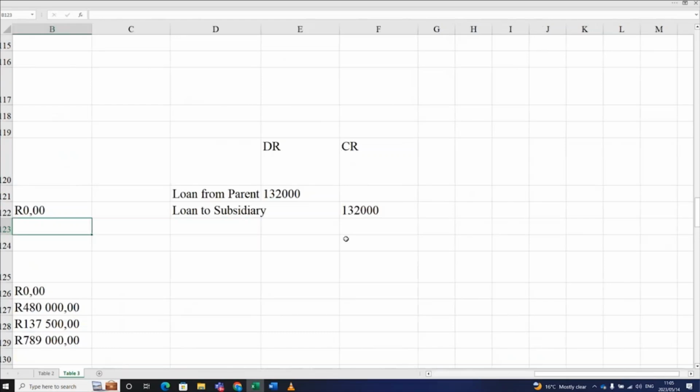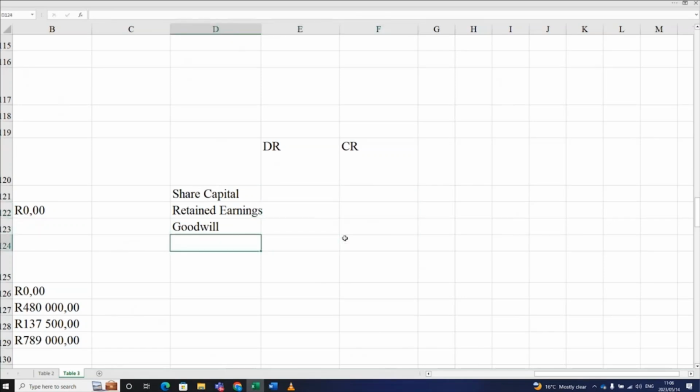This investment in subsidiary is from the main elimination journal that you've probably seen so many times, where you eliminate the share capital, eliminate the retained earnings, then you've probably got goodwill, at whatever amounts, and then you have investment in subsidiary.